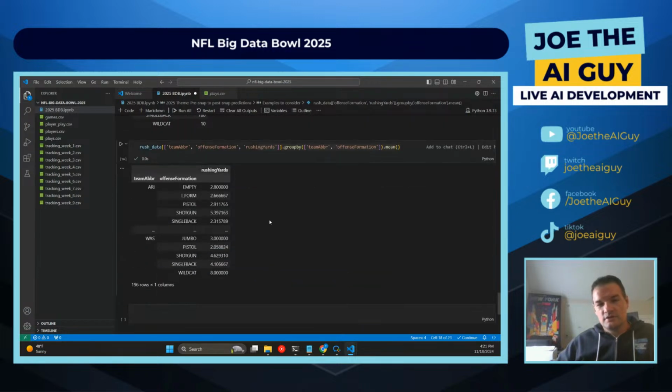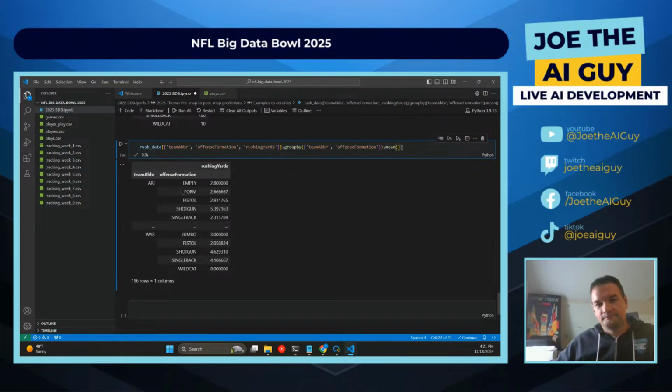So let's see here. Coming back to breaking this down by team, I guess we'll just go team by team, or at least pick a team here and do that. So team ABR.